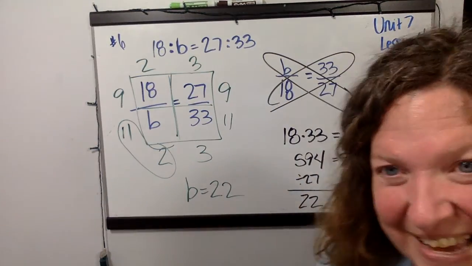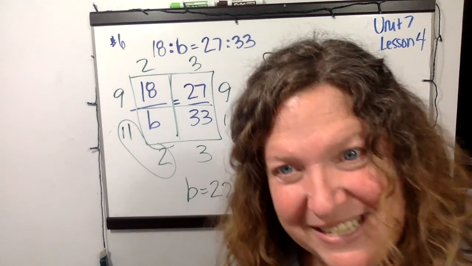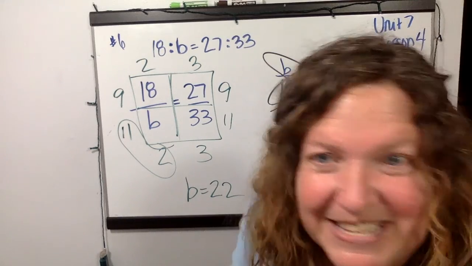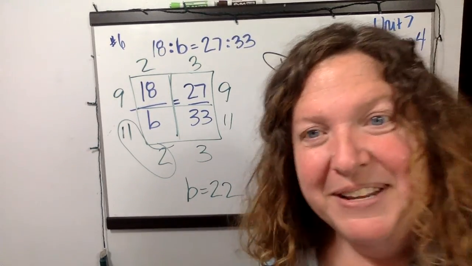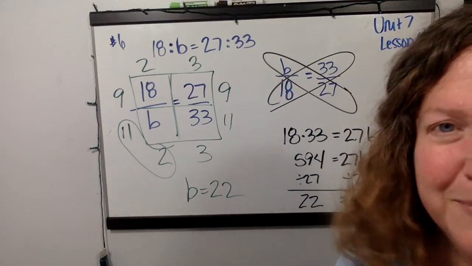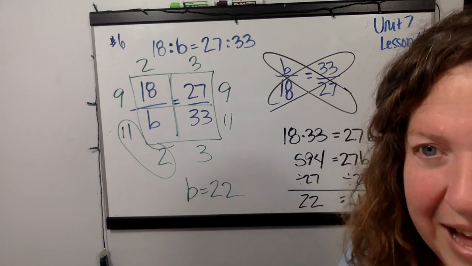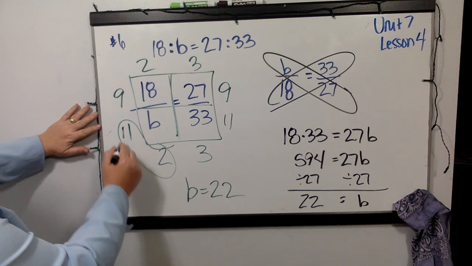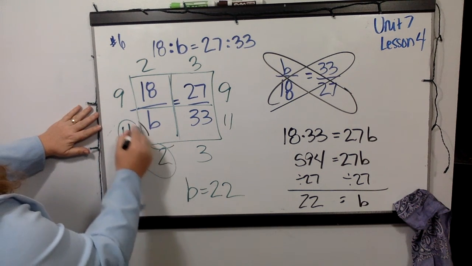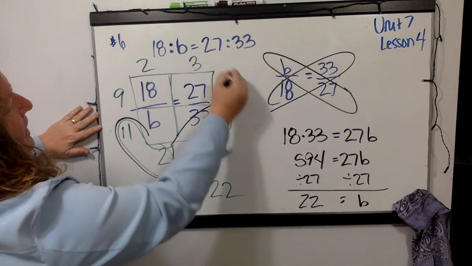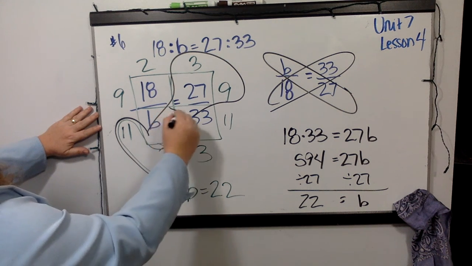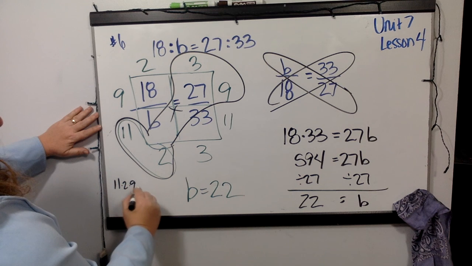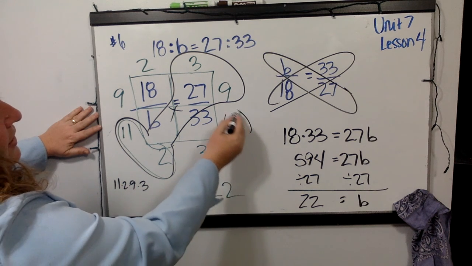And what's even, I think, cooler is that you can see why this works. When I was a kid, they just taught us to do cross multiplication. They said, this works, so just do it. But they didn't show us these factor puzzles, so they didn't show us how the numbers came to be the same. We didn't see that 11 and 2 and 9 and 3, when we multiply those together, 11 times 2 times 9 times 3, we never saw that.